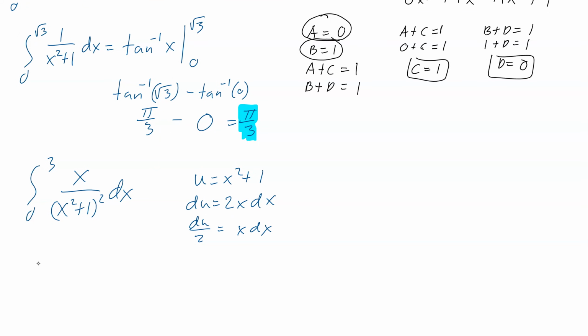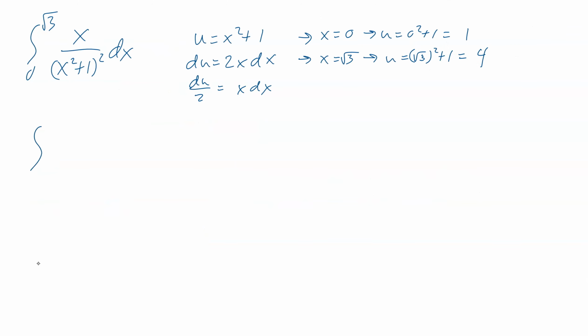So we now need to change these. So our u here, our x is 0. Which means our u would be 0 squared plus 1, which is 1. And our x equals rad 3. Our u would equal rad 3 squared plus 1, which is 3 plus 1, which is 4.